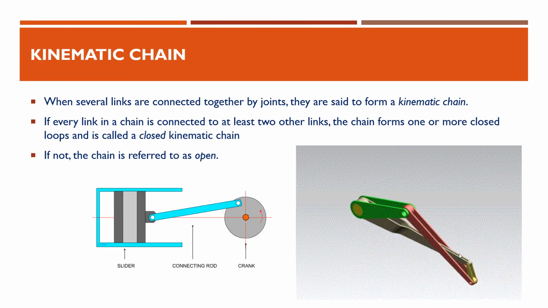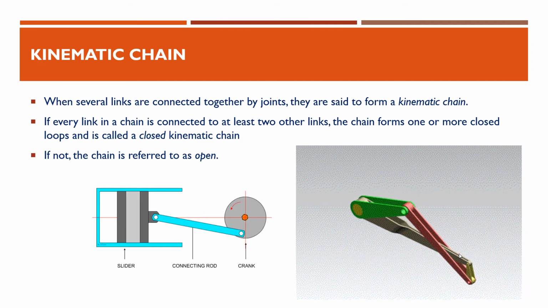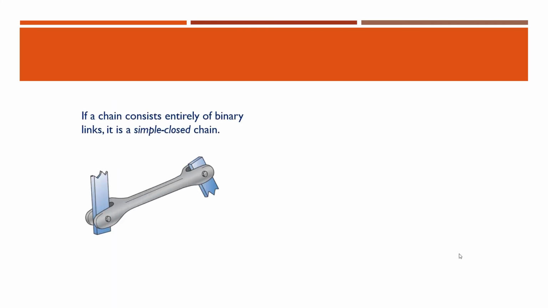When several links are connected together by joints, they are said to form a kinematic chain. See, this one is an example of a simple closed kinematic chain, because if the chain consists only of binary links, then it is called a simple chain, simple closed chain. You can even use the word simple chain also.